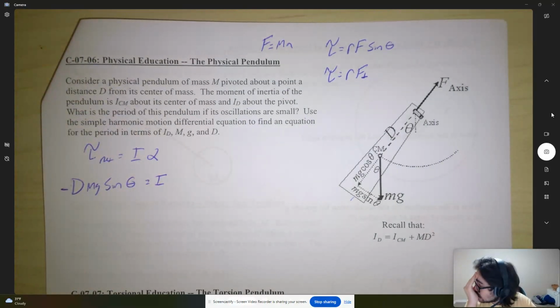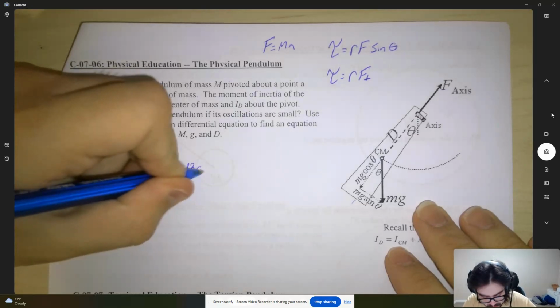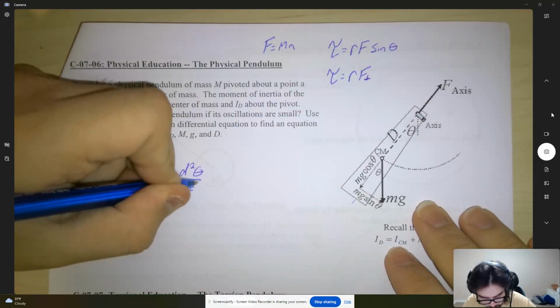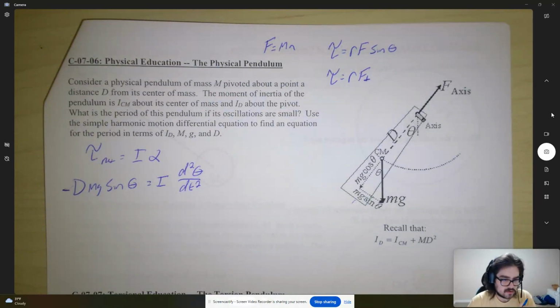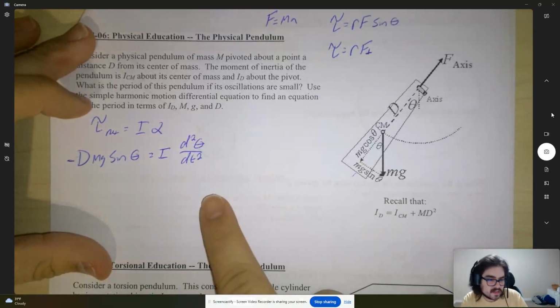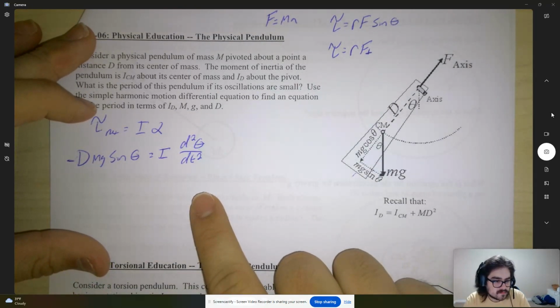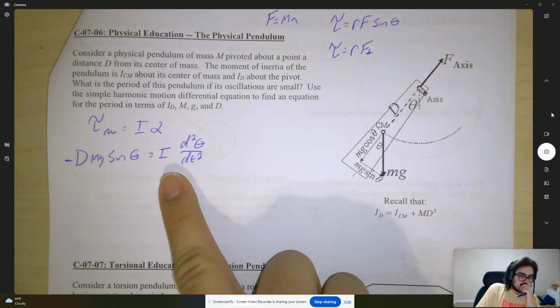But alpha is actually the second derivative of theta. Interesting how that works out. I'm starting to see the vision here. You start to see it? The reason I did that is because I want you to see this.